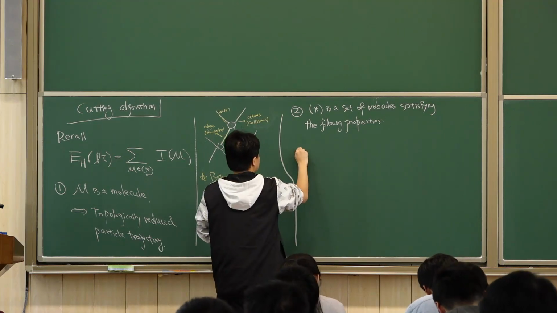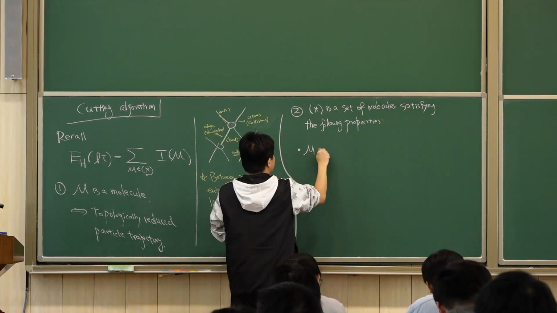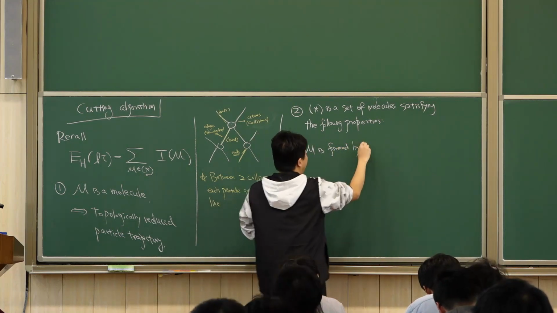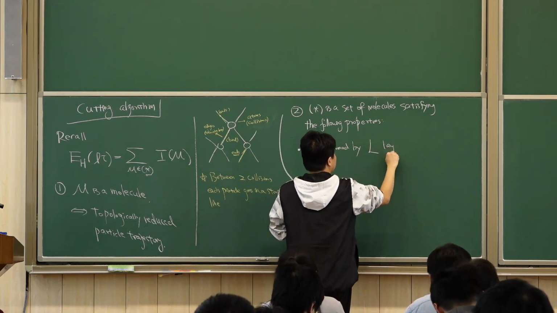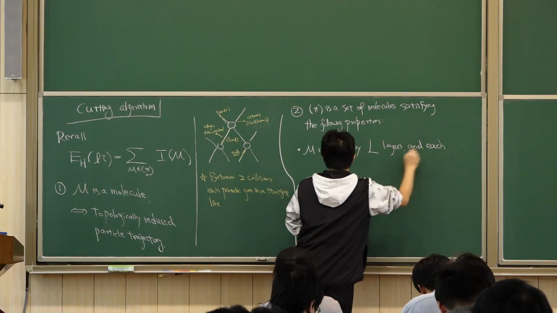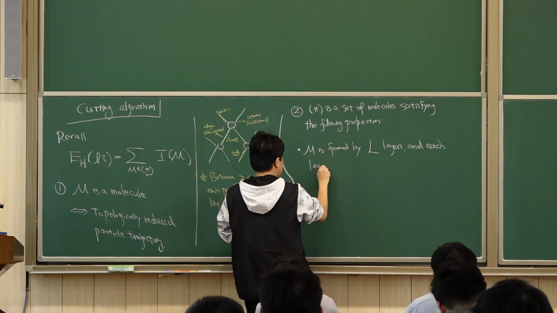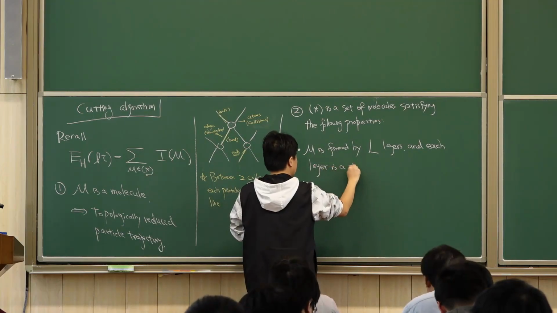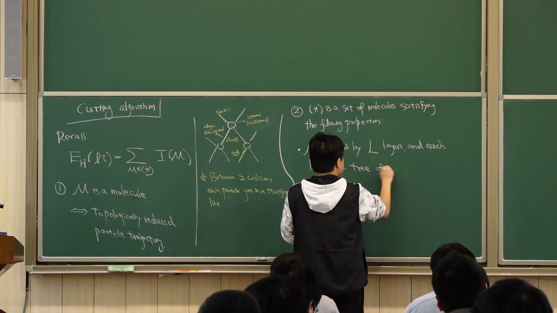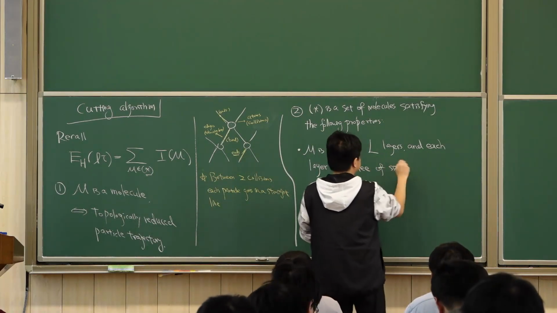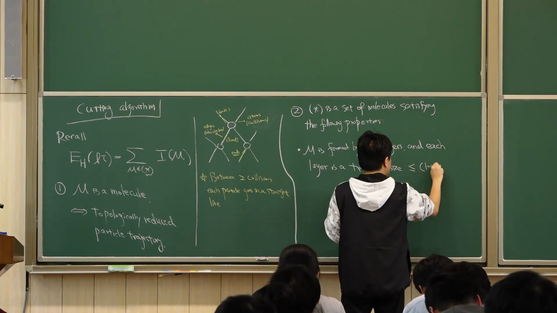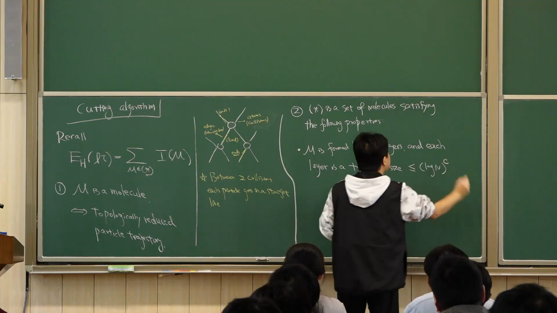First, M is formed by L layers, and each layer is a tree of size less than, let's say, log n to the c.